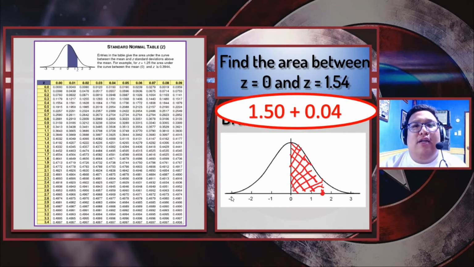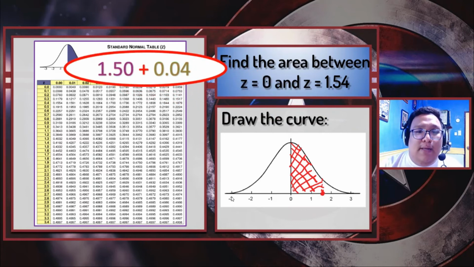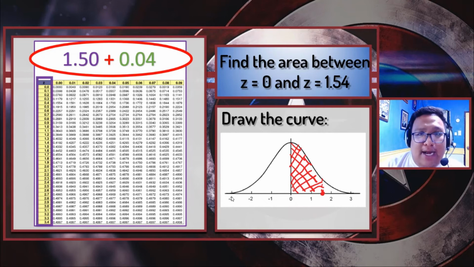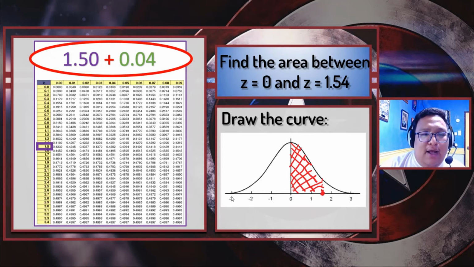Kasi meron tayong tinatawag na columns and rows doon sa ating standard normal table. Alright? So, hahanapin natin sila from both sides. Tingnan nyo yung 1.5 or 1.50. Dito natin siya hahanapin sa mga rows. Hahanapin natin si 1.5. Nasaan siya? Andun siya.